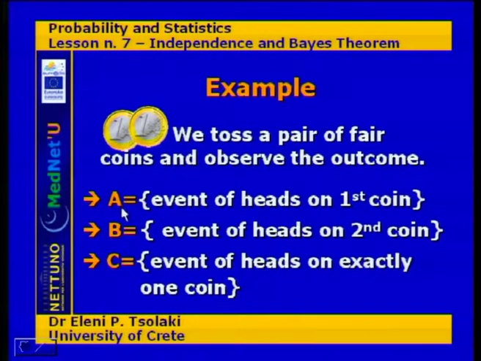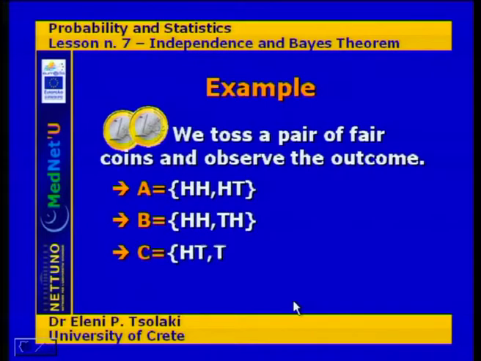We now have 3 events. We have the events that we had before, A and B, and now we add the event C. And we want to see now if these 3 events are independent.